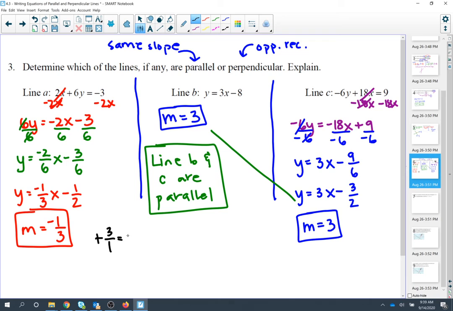So really, 3/1, I'd be looking at +3. Is that the opposite reciprocal? Well, yeah, because these are +3. So then we can say line A is perpendicular, which I'm going to abbreviate, to both lines B and C.